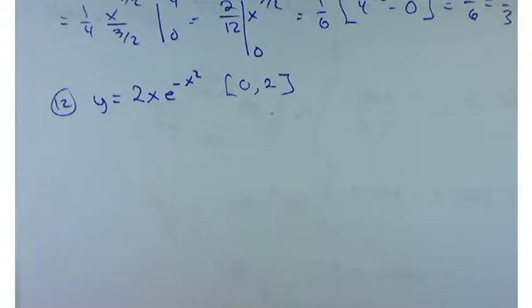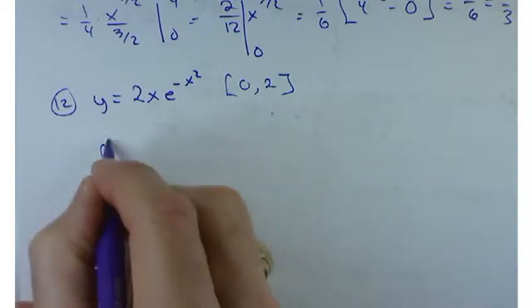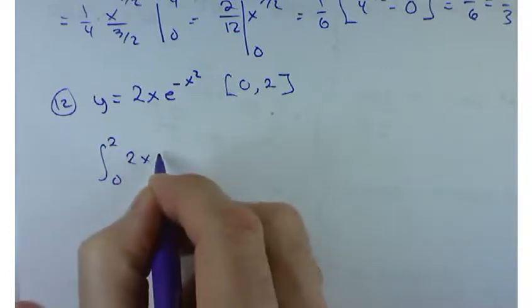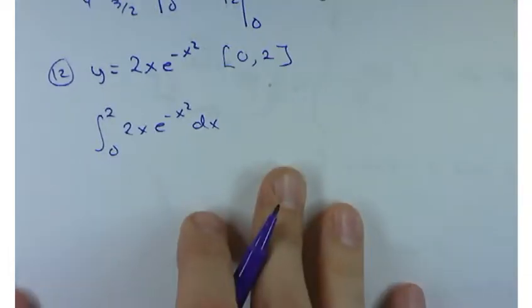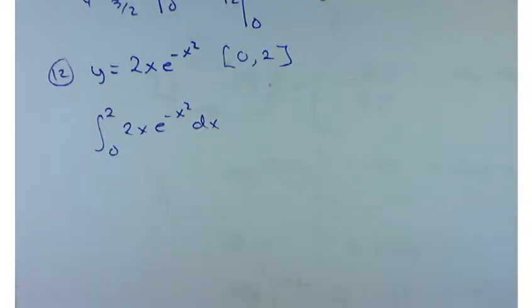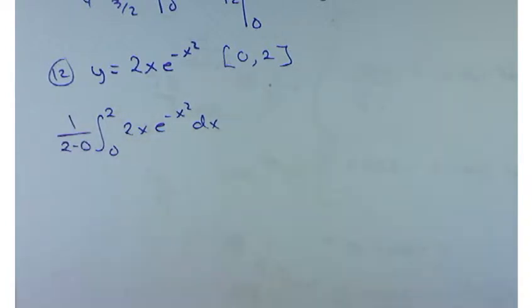So one of the things we're going to need to do is integrate this function from 0 to 2 of 2x e to the negative x squared dx. I'm kind of intentionally forgetting something here. What am I forgetting? Yeah. I've got to multiply by 1 over the length of the interval.